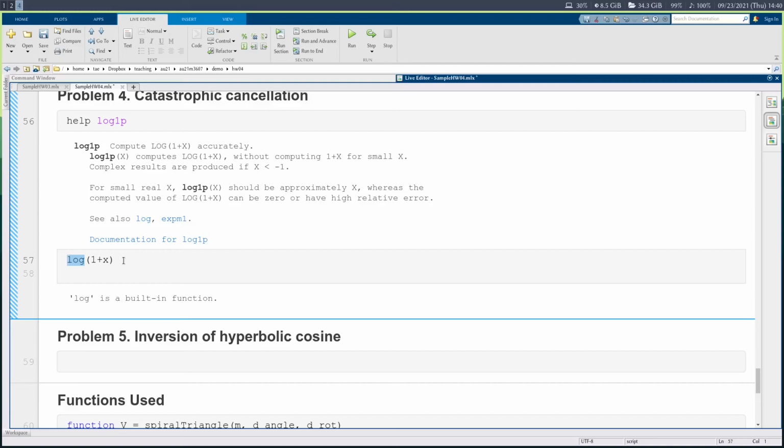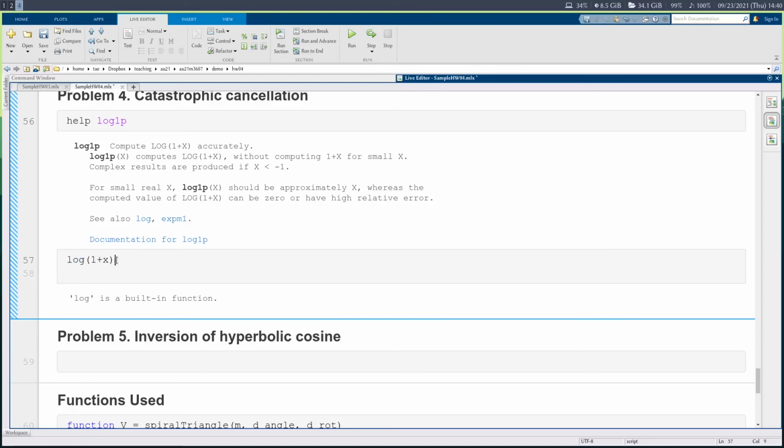Except for addition, subtraction, multiplication, and division, functions like sine or cosine, exponential, and logarithmic functions have to be somehow calculated in terms of basic operations. And that's why a Taylor series expansion or some sort of series expansion is used under the hood. So in the case of log, the Taylor expansion of log will be used.